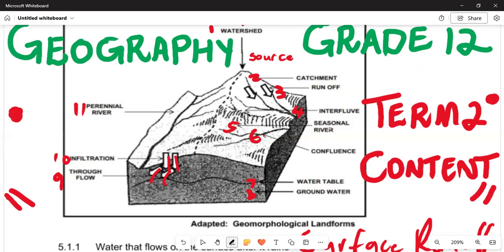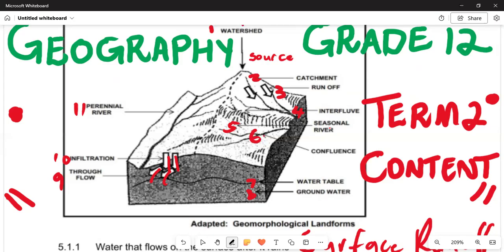Number ten, we are having the key concept that is called infiltration. So remember that infiltration goes in opposite to what we call the runoff. We are saying that the lesser the steepness, the gentler the gradient, the more infiltration will take place.